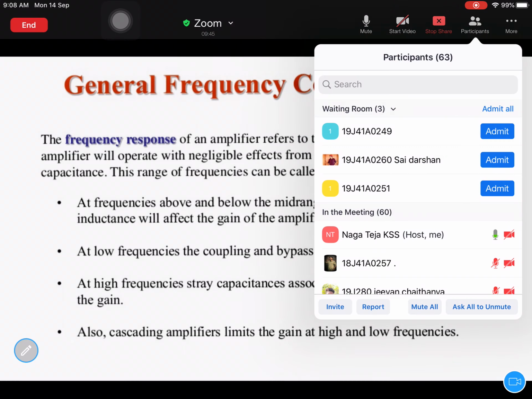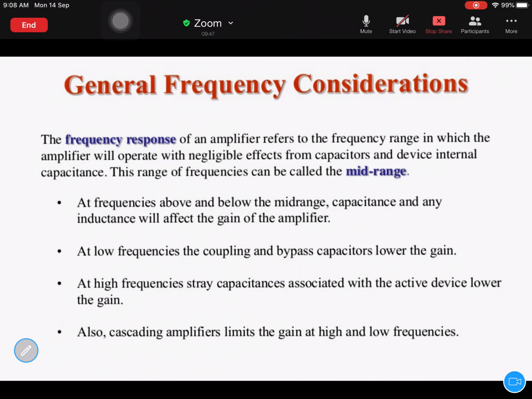But what is low frequency response, and why should we study the low frequency response of this particular amplifier? Why is it important? So remember, whenever we come across the word frequency response, it means we have to study a particular characteristic of a device, like a transistor. In this case, we are dealing with a transistor, or in some cases, you can deal with some control system or any other device.